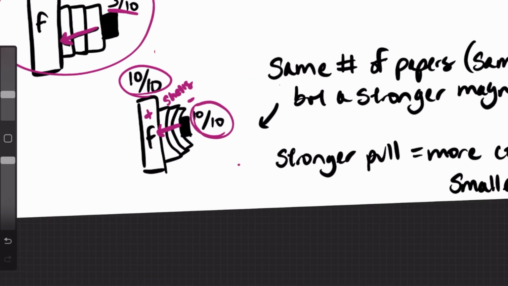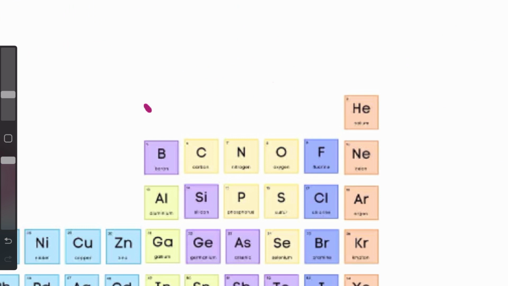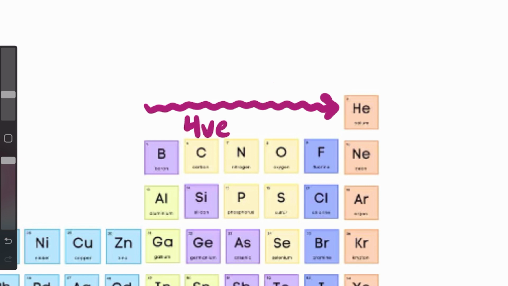So in understanding that, as you move across the row, you still have the same number of shells. So if we were to apply our magnet scale to this, carbon has 4 valence electrons, and oxygen has 6 valence electrons.